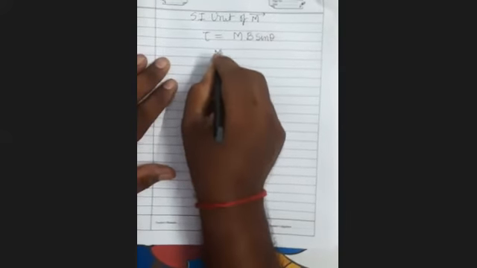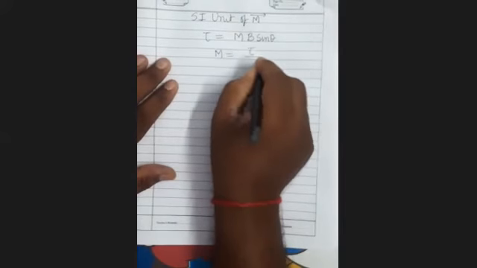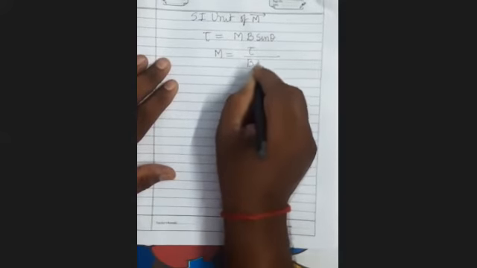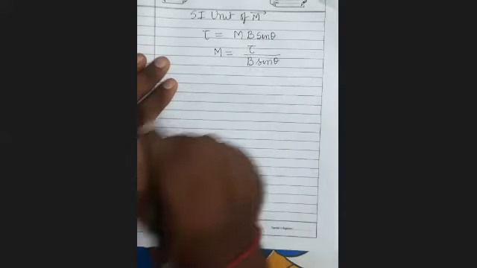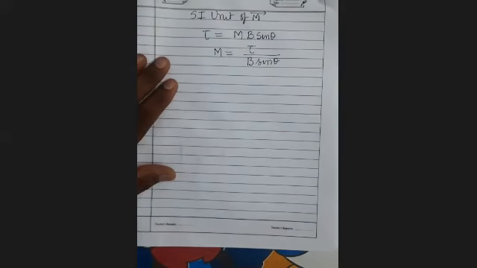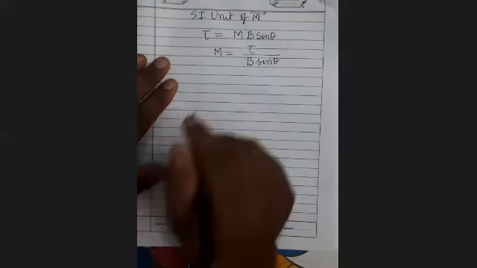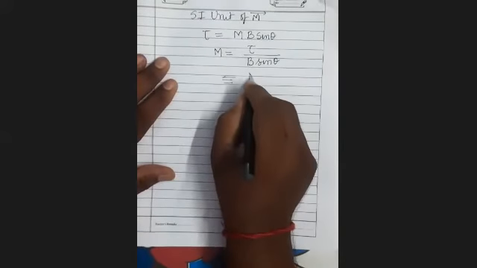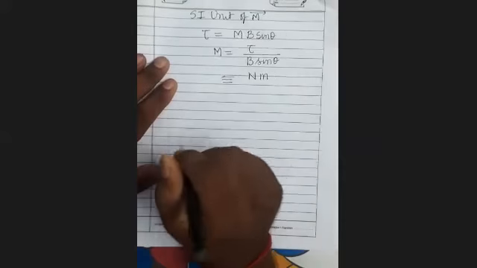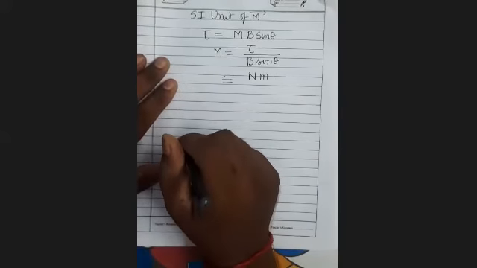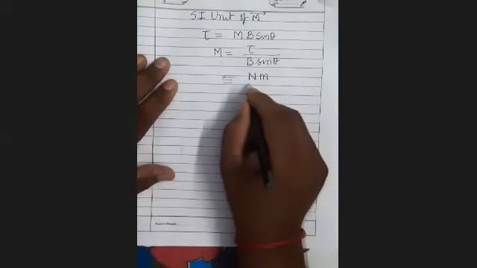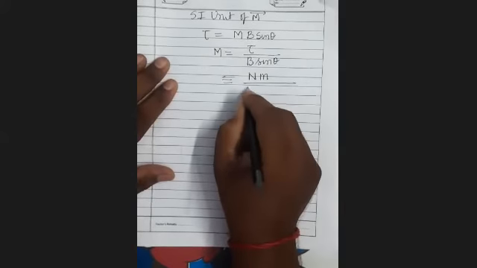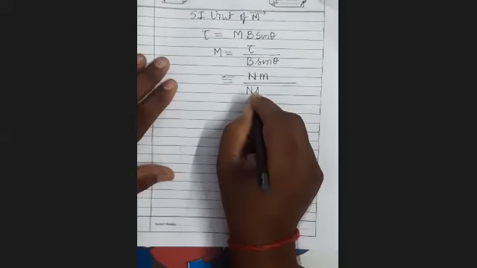So what will be M? It will be tau upon B sine theta. Now if you see here, tau is Newton meter and B is what? Newton per ampere per meter.